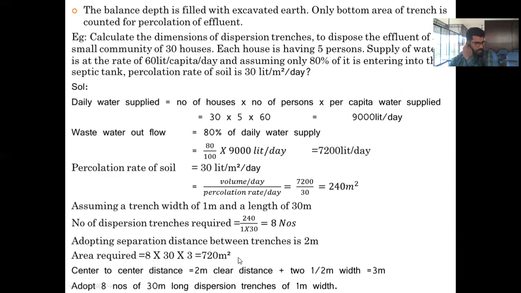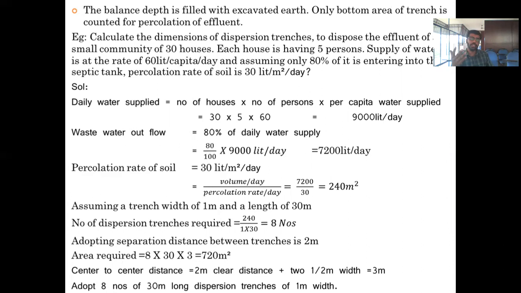And 240 meter square will be the area of the trenches only. So the total area of the trenches is 240, and the total area required for placing these trenches is 720 meter square.